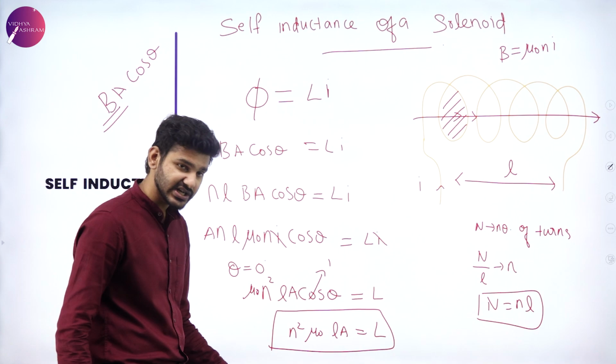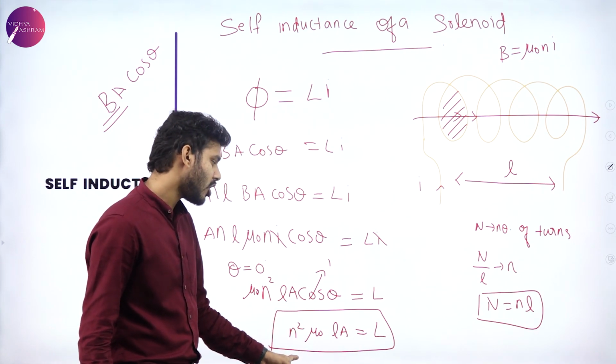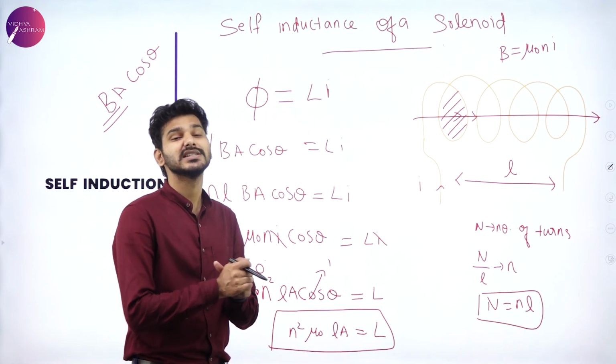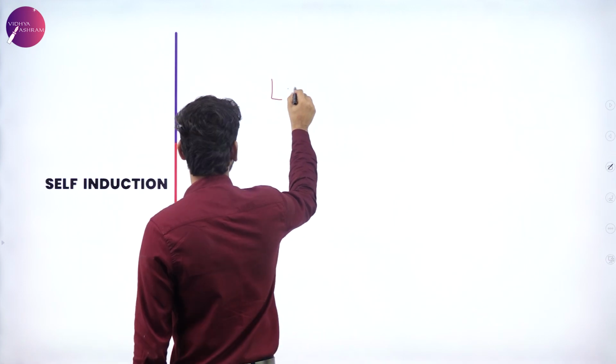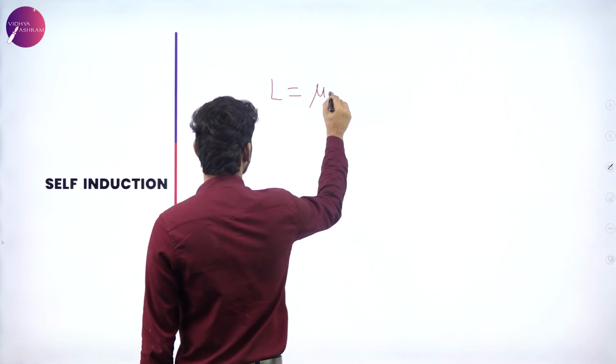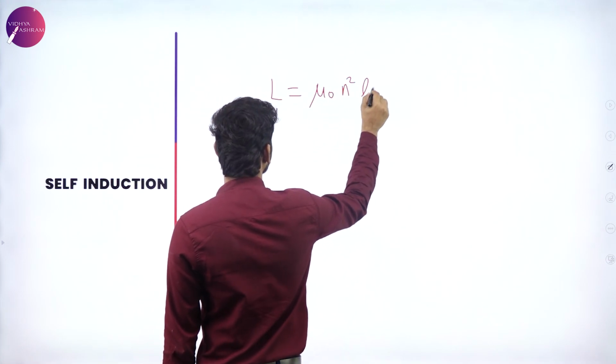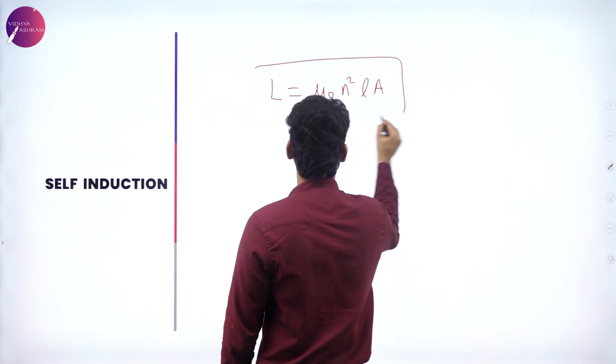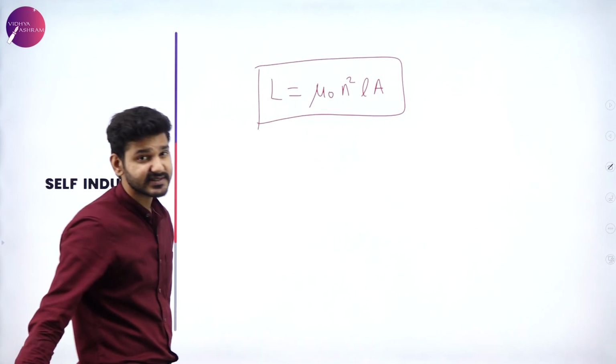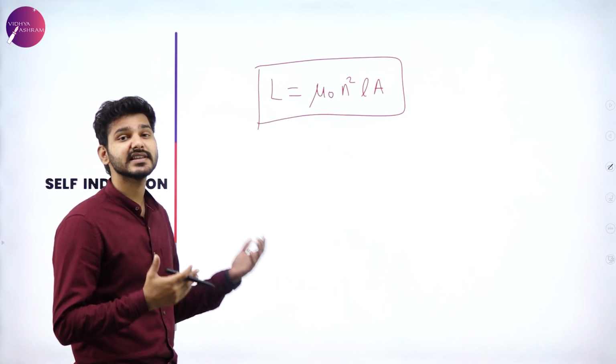So we have a relation, that is n square mu naught l times A will give you self-inductance. So this is the expression in order to find self-inductance.